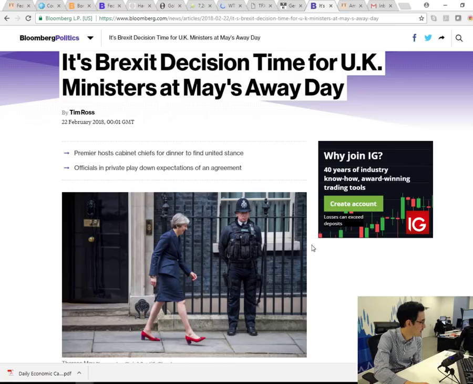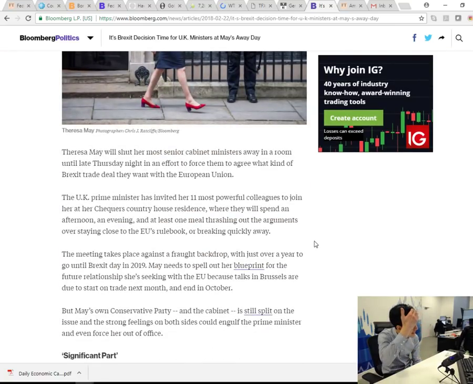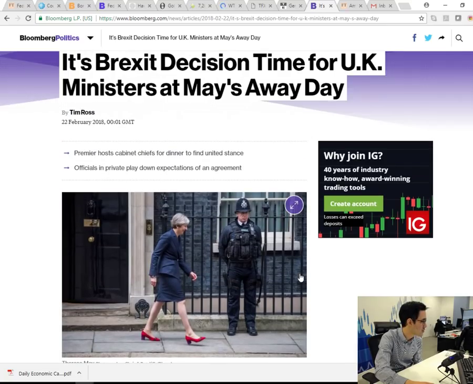To give you an idea, there's a meeting happening later on today where Theresa May and her senior cabinet ministers are going to be meeting later on tonight, and apparently they're going to be working till the late hours to finalise some kind of agreement so then she can start putting together the blueprint for her speech that she's going to deliver next week, which obviously has a lot of importance as it will outline then Britain's stance going into this transitional situation, which we'll get in March to discuss with the EU. So you could get a couple of leaks. I would imagine, though, they probably won't come till later this evening in that regard.